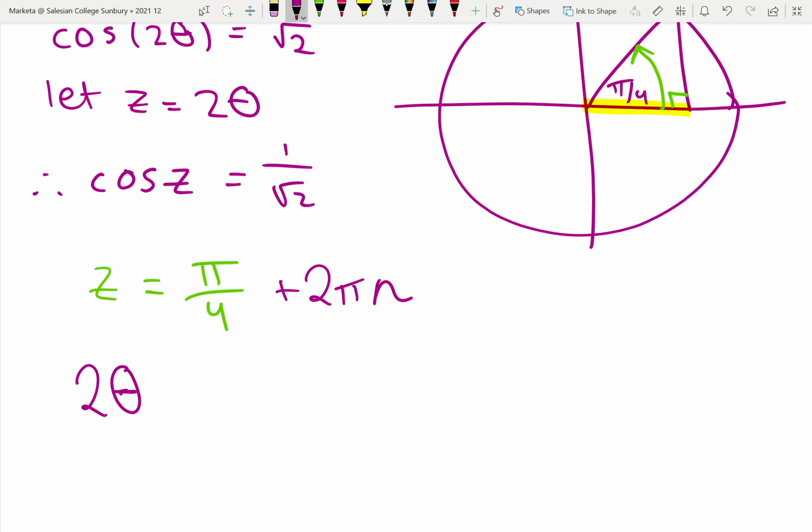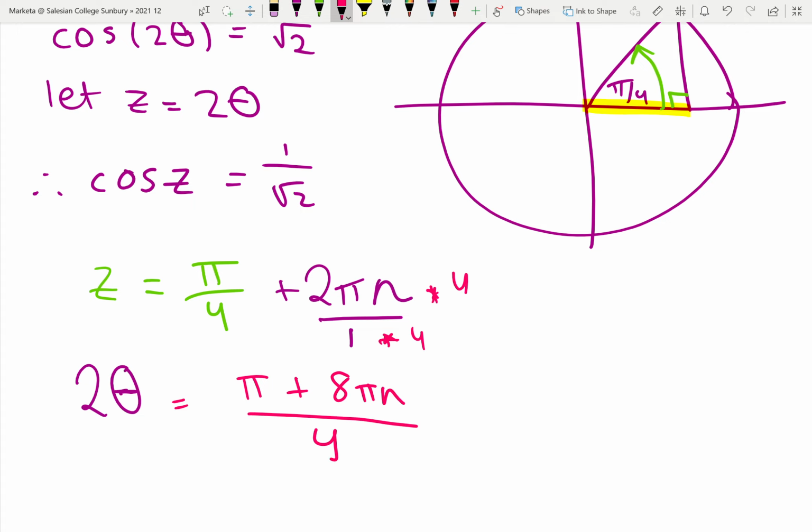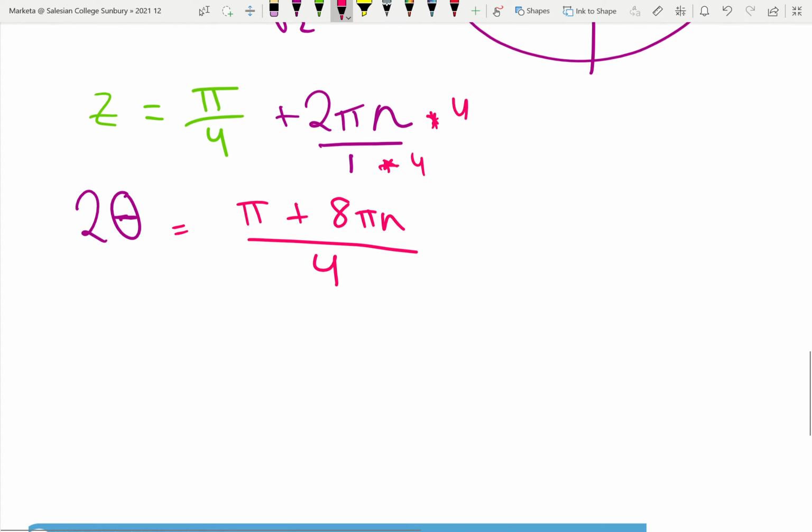And look, in this case, it's not too difficult, so you probably could get away with leaving it as 2 theta, but for the sake of being the same all the time, I'm going to always use the z. So let's times by 4, we get pi plus 8 pi n on 4, and then I'm going to divide by 2 on both sides.